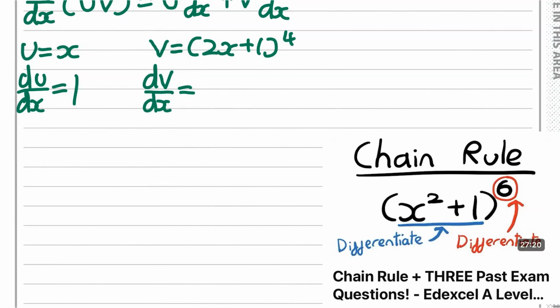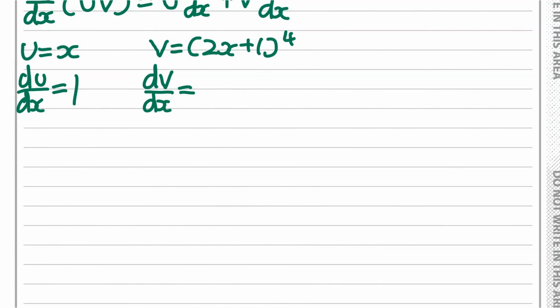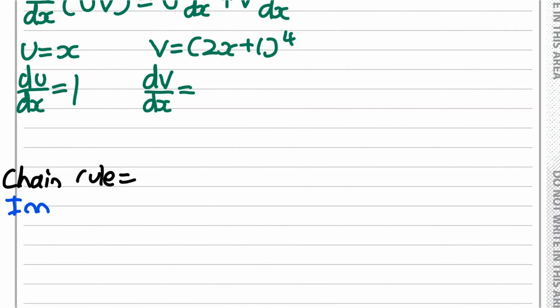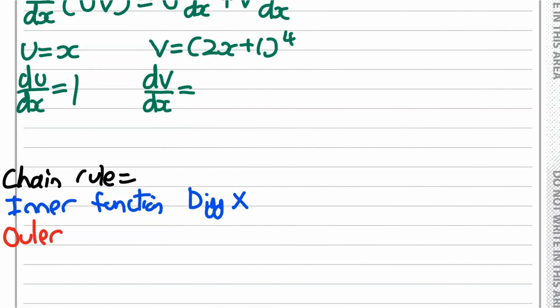Now there's lots of different ways that people teach and do the chain rule. The way that I taught the chain rule is that it is equal to the inner function differentiated, multiplied by the outer function differentiated.